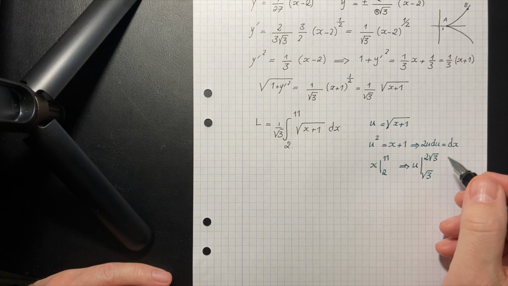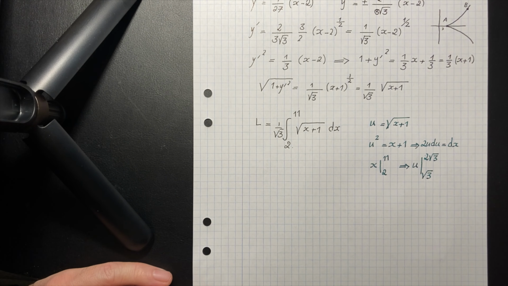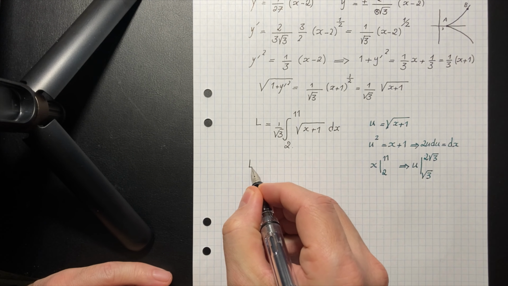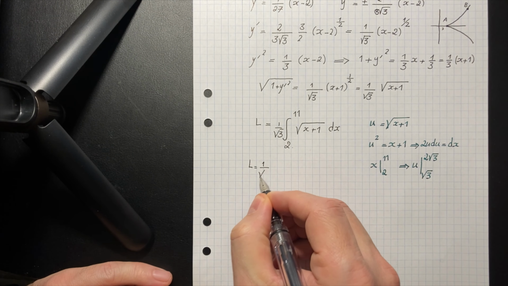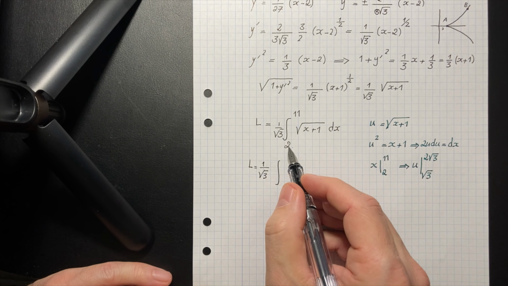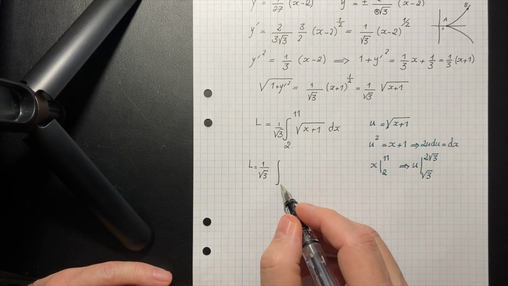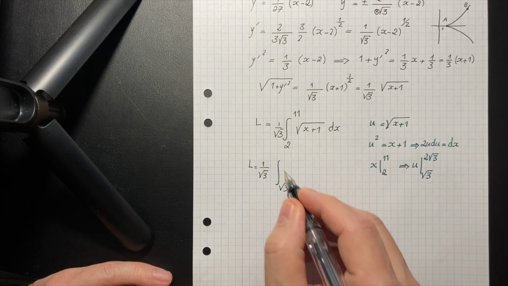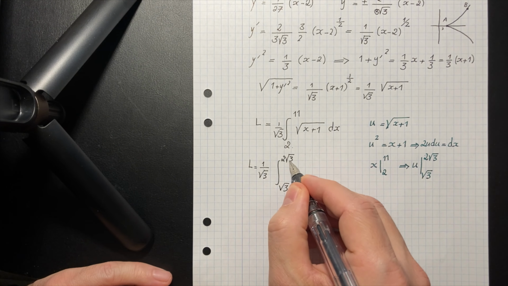Now everything is ready, I go back here and I start calculating L. So L becomes equal to 1 over square root of 3 times the integral, but instead of going from 2 to 11, I go from square root of 3 to 2 square root of 3.